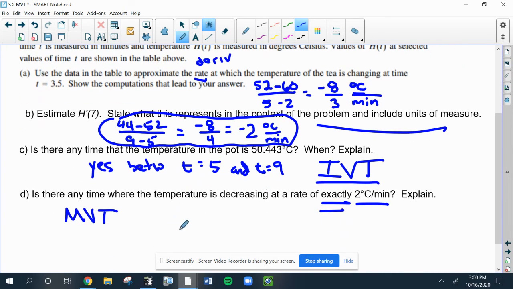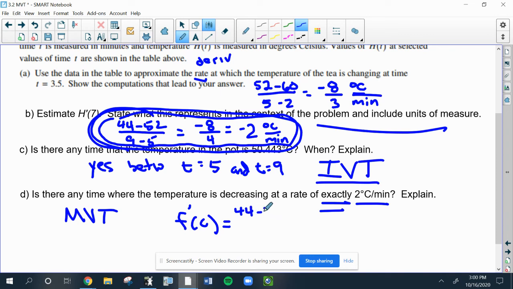The mean value theorem says there has to be a derivative at c that equals the rate of change. You don't have to write all this down, but I want to show you what I'm comparing it to. So this is saying there has to be a derivative somewhere between this time and this time that equals negative 2. So we're going to say between t equals 5 and 9.